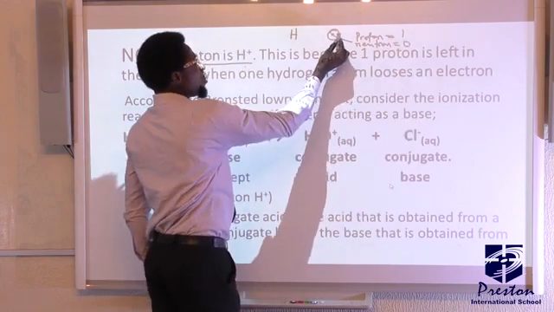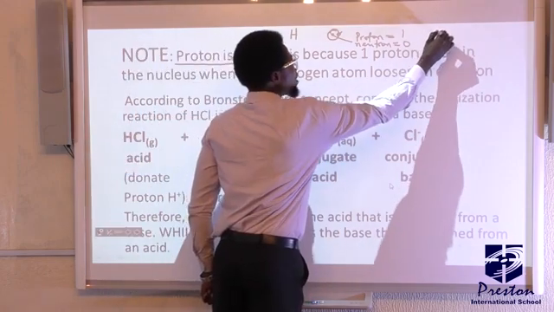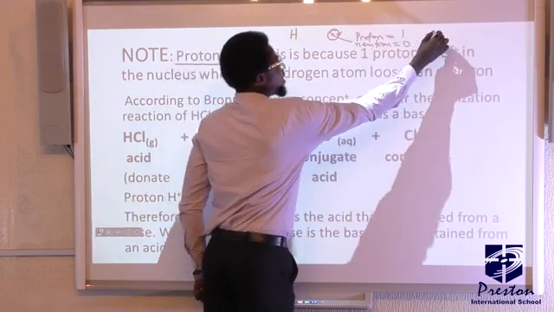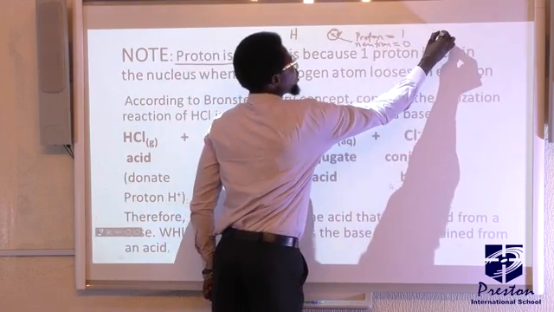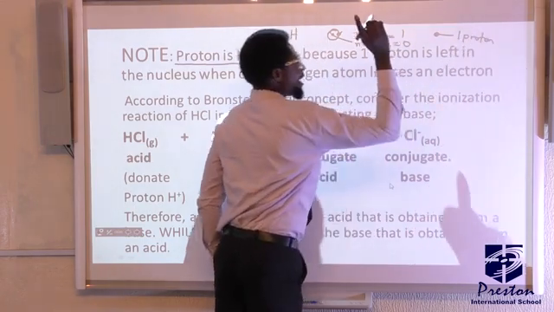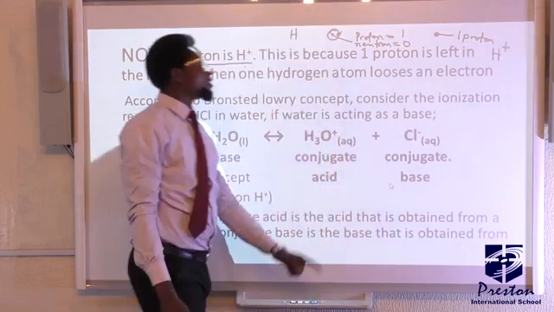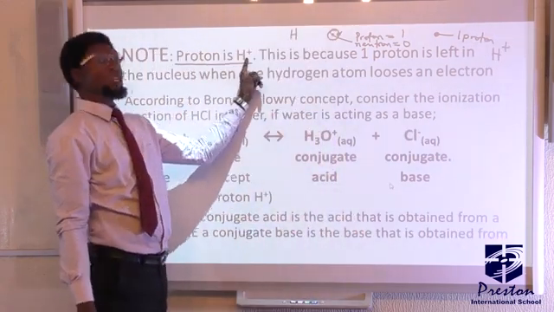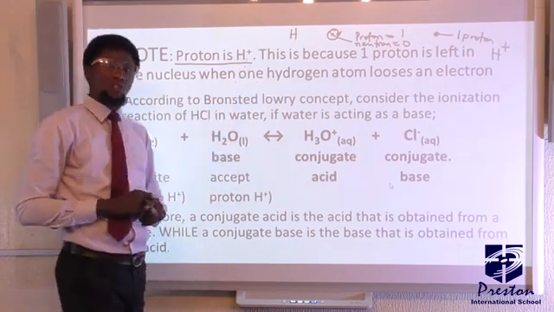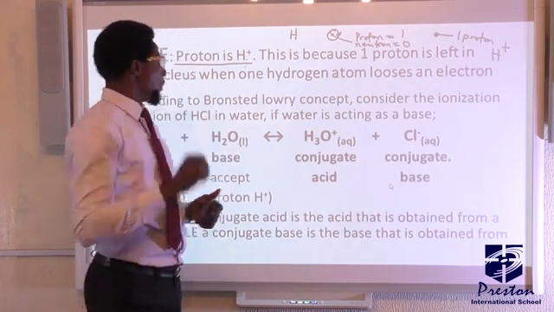So let us now assume that we remove this 1 electron from 1 hydrogen atom. That means you are only left with the nucleus. This atom's electron will be moved off. Then in this nucleus, all we have there is 1 proton. And anytime hydrogen loses electrons, it becomes H+. That is why we say proton is represented with H+. You might be asked, that is one of the IGCSE questions: explain why proton is referred to as H+.